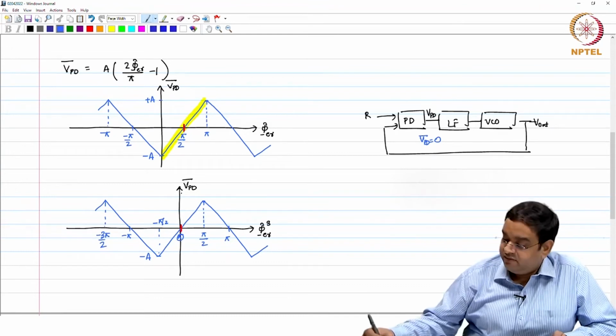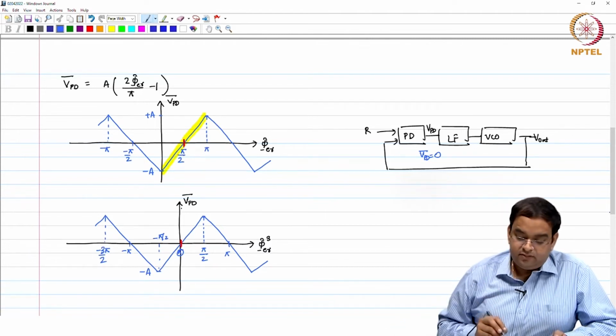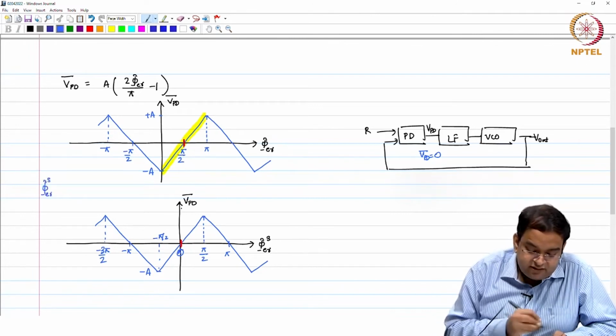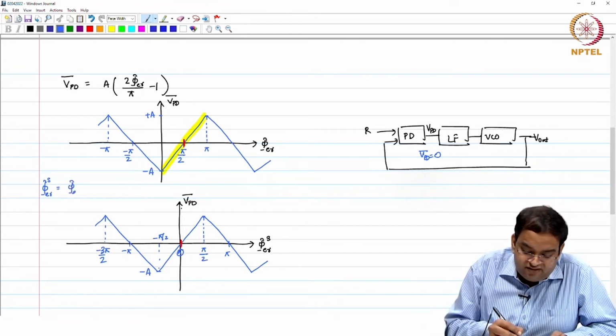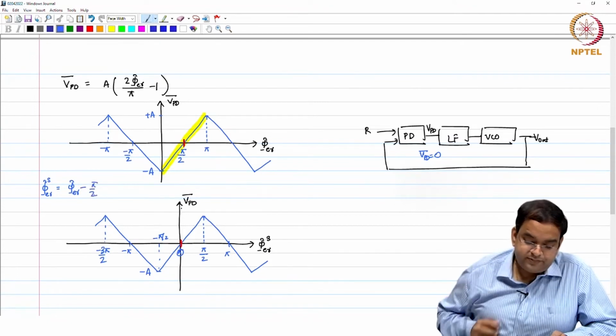Okay. So, the change in variable which you are looking at here is that whatever was previously pi by 2 has now become 0. So, the change of variable which I am using is: phase error shifted is equal to phase error in steady state, minus pi by 2.